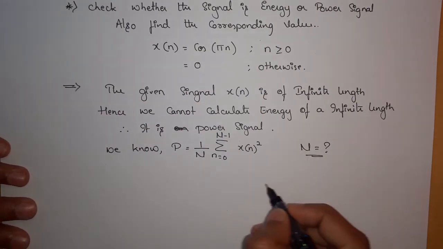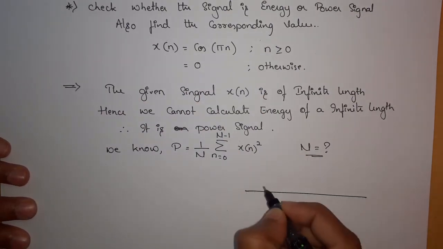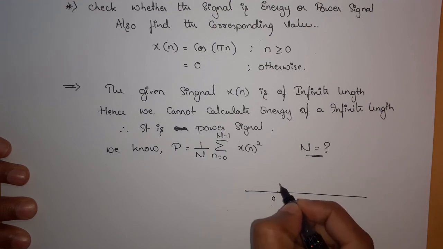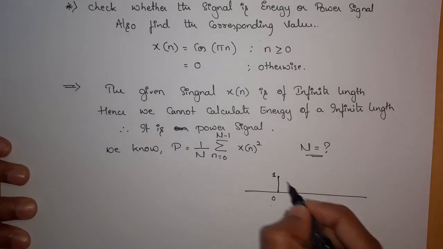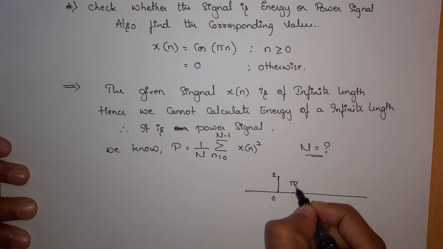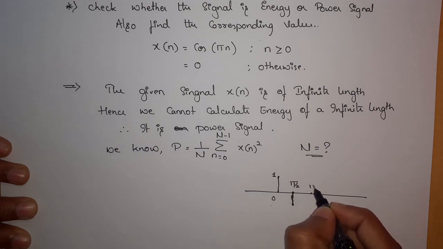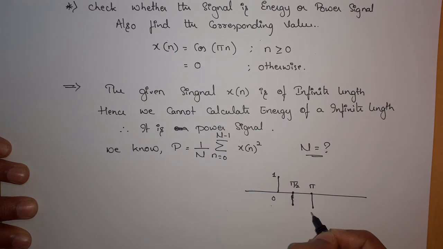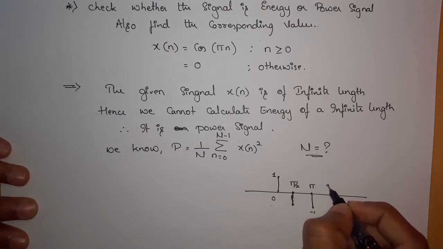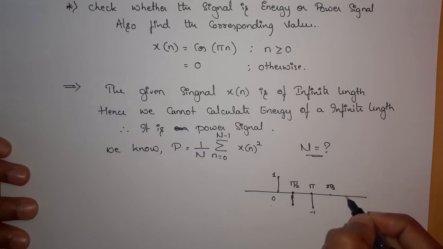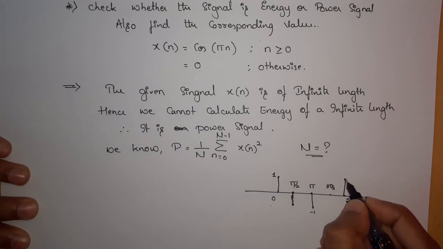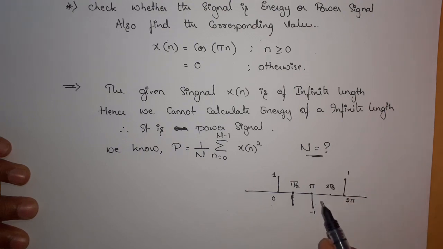Here it is a cos wave. You can say cos 0 is 1, cos pi by 2 is 0, right? And cos pi is minus 1, and cos 3 pi by 2 is again 0, and cos 2 pi is plus 1, right?